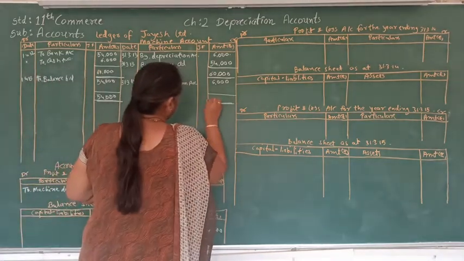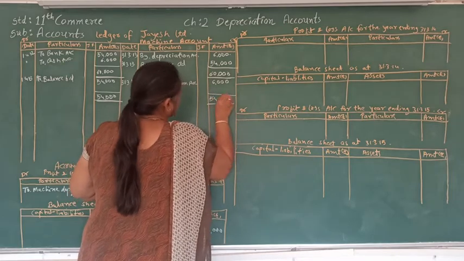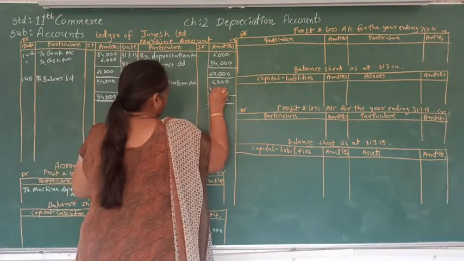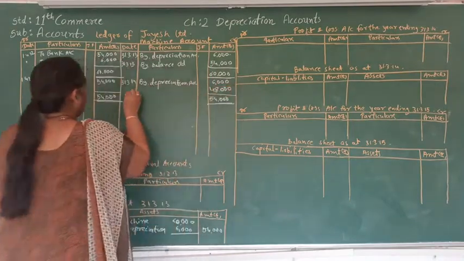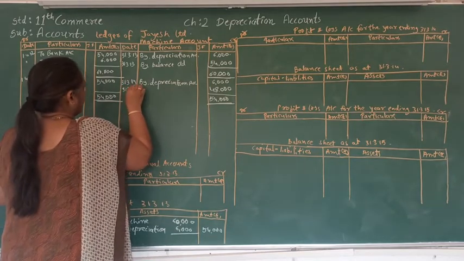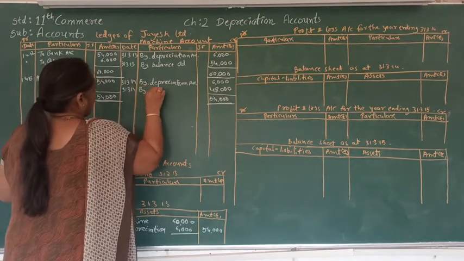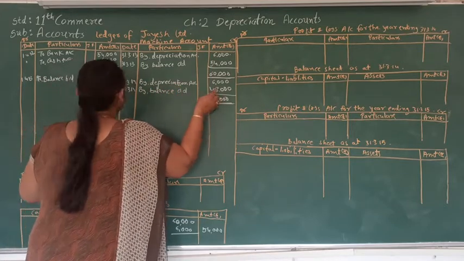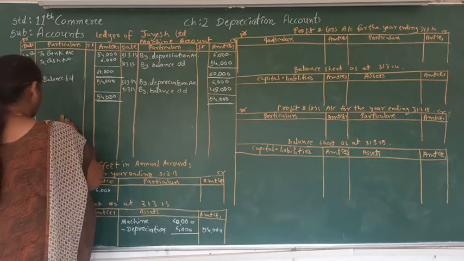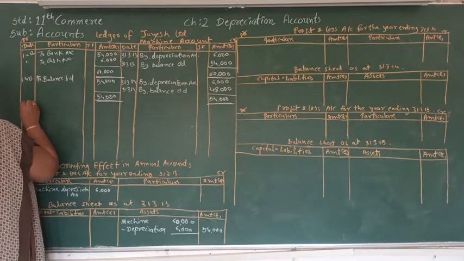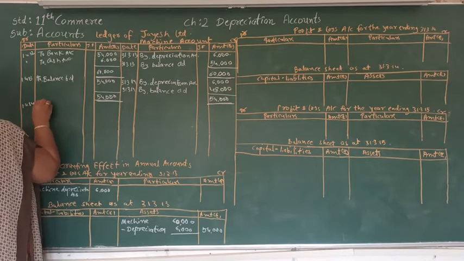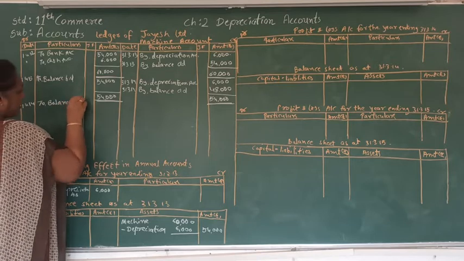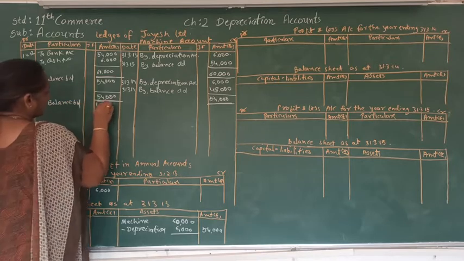We are going to carry forward to the credit side, and from 54,000, if we deduct 6,000, the balance will be 48,000. On 31st 3/14, by balance carried down, and the same balance we are going to bring down on 1/4/14, to balance brought down, and the amount is 48,000.